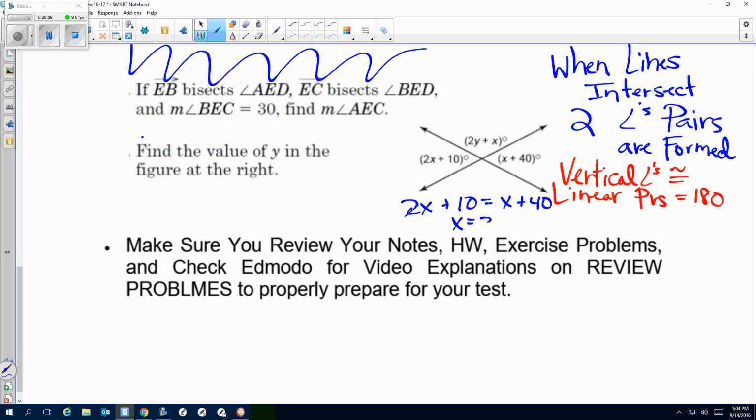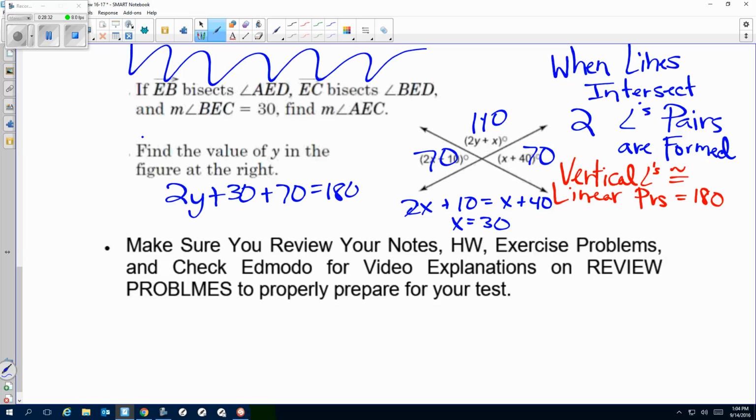Now that I have x is 30, now I can plug it back in. 30 plus 40, that means this angle is 70, which means this is 70. So what does it have to be? Linear pair. Now I'm using linear pair. I can do 2y plus 30 plus 70 equals 180, or it's 110 because 180 minus 70 is 110.